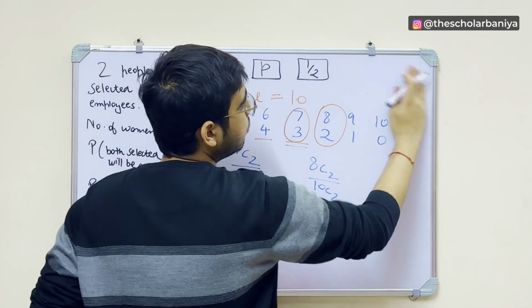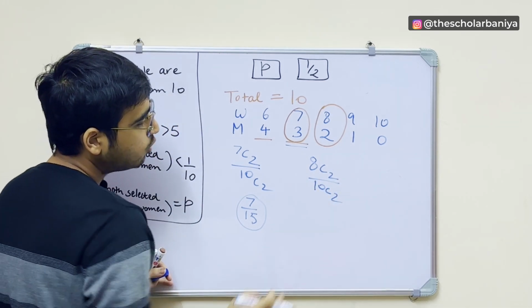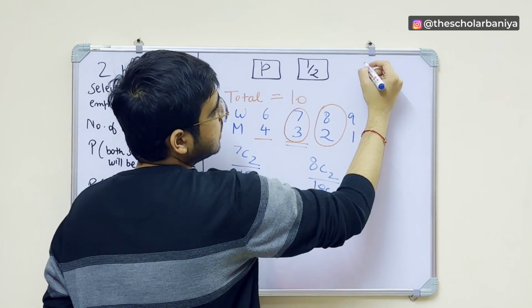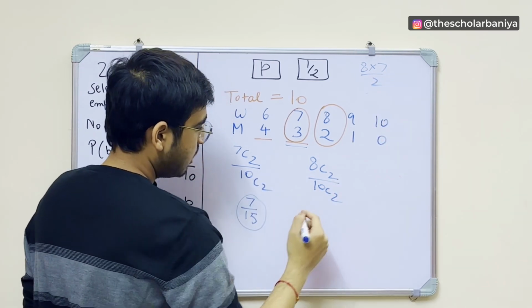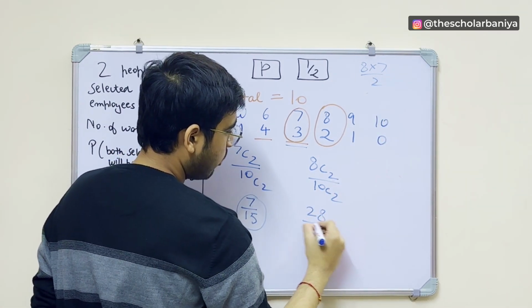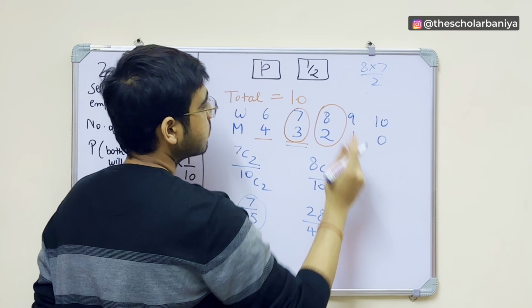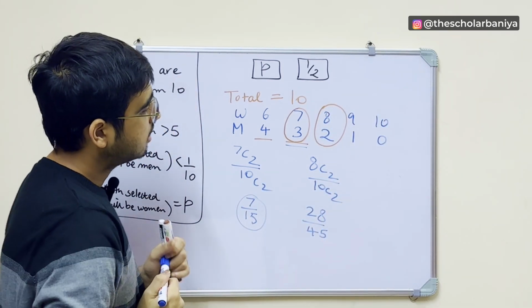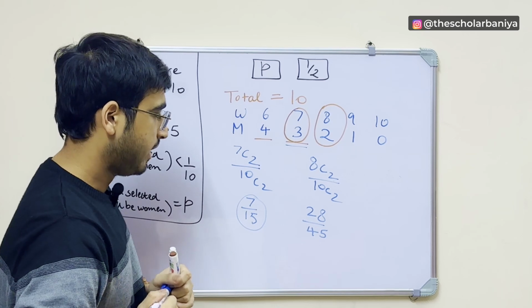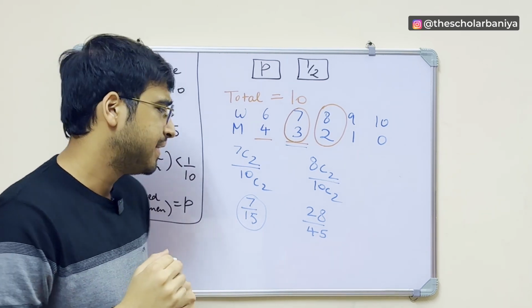And if you talk about 8C2 upon 10C2, what is 8C2? 8C2 is 8 into 7 upon 2, which is 28. So this becomes 28 upon 45. I hope this should be pretty clear, right?